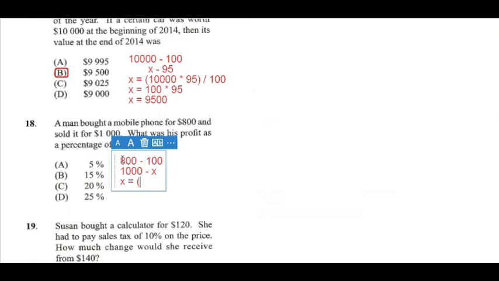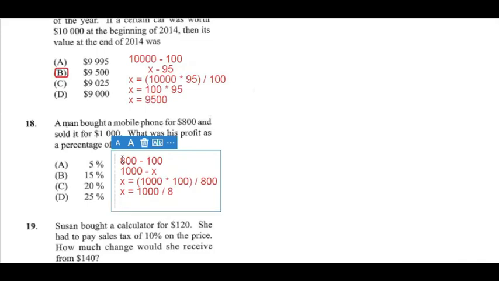So we cross multiply to solve for x. So x is equal to 1,000 multiplied by 100, and all of that is divided by 800. We can cancel the zeros from the 800 with the zeros from the 100, and that will leave us with x is equal to 1,000 divided by 8.